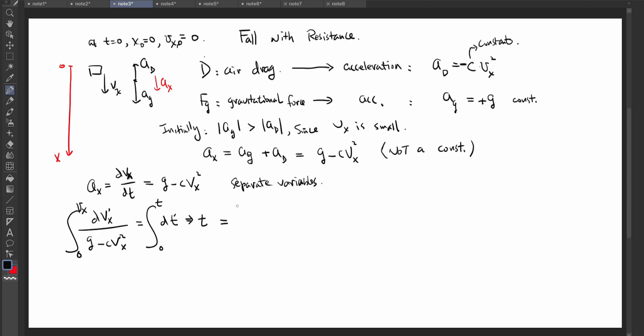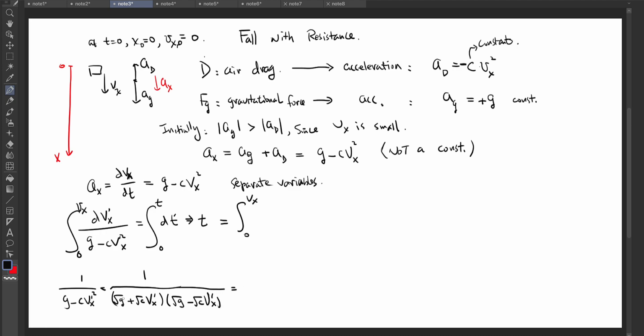So I'm going to rewrite this. Before I do that, let me do a side work here. 1 over g minus c Vx prime squared equals, I'm going to turn this into a product: square root of g plus square root of c Vx prime, times square root of g minus square root of c Vx prime.